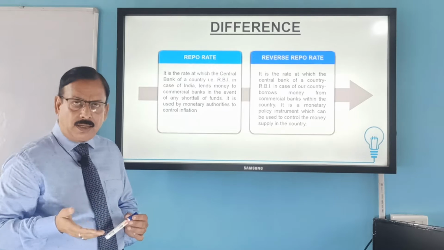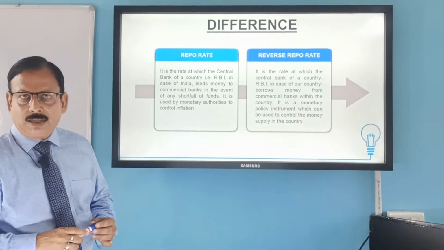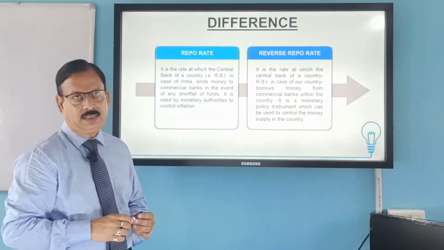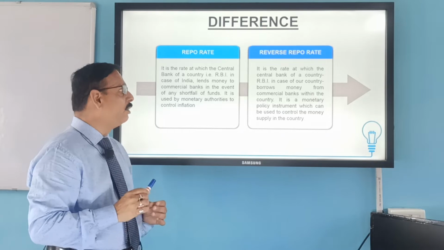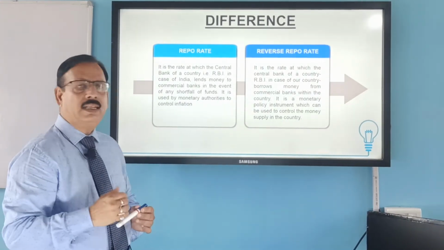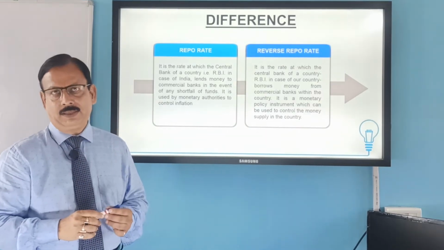Now, vice versa. In reverse repo rate, what happens? It is the rate at which the central bank of a country, that is RBI in case of our country, borrows money from commercial bank.